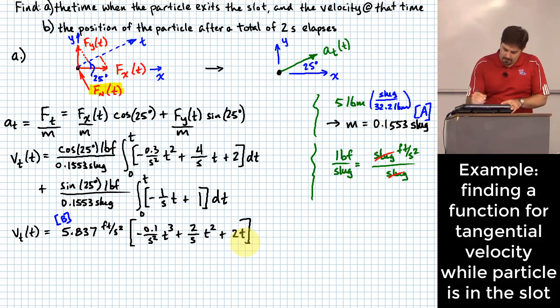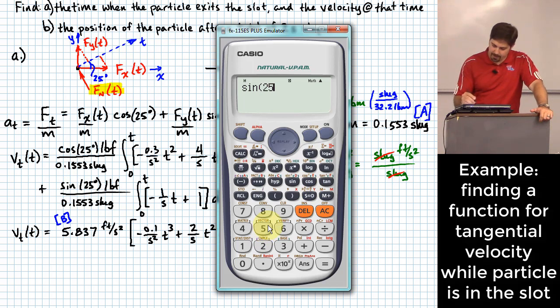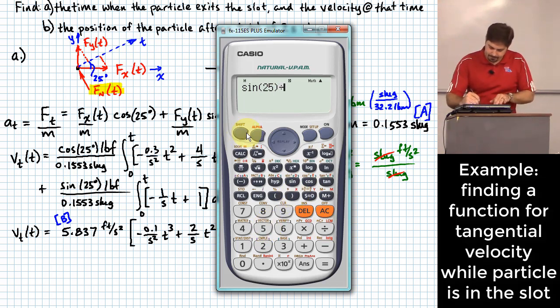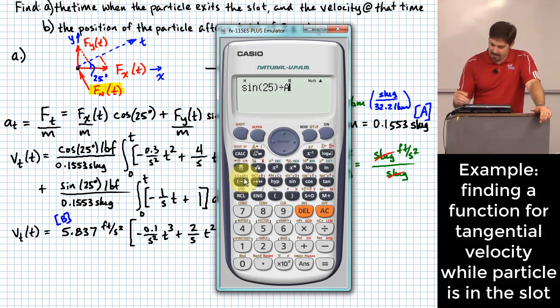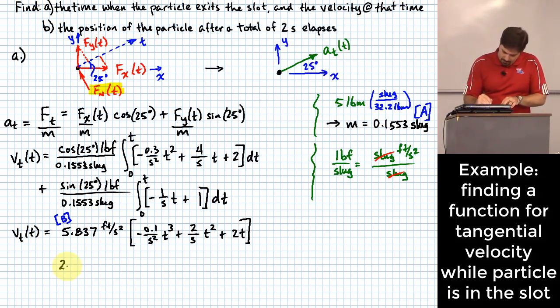All right. The next piece that I should do is probably my other constant in front there. So that will be sine of 25 degrees divided by, again, what I have in A, the mass in slugs. So that gives me 2.722 foot per second squared.